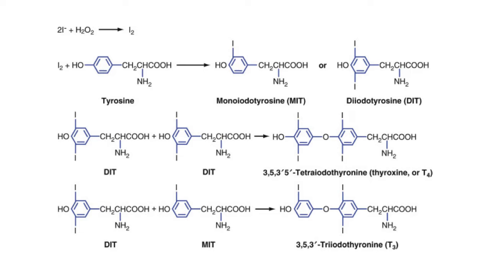Tetraiodothyronine or thyroxine can be thought of as a prohormone, which needs to be converted into the active hormone triiodothyronine via peripheral deiodination.